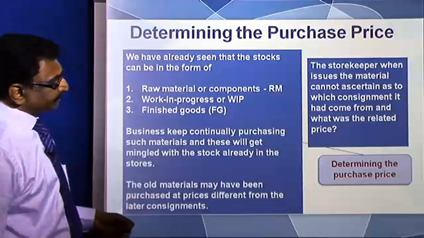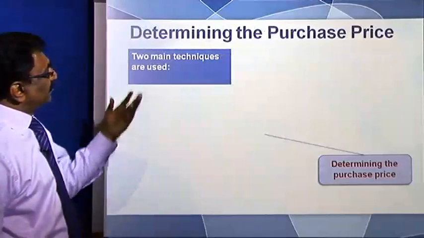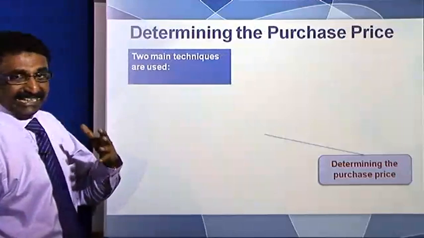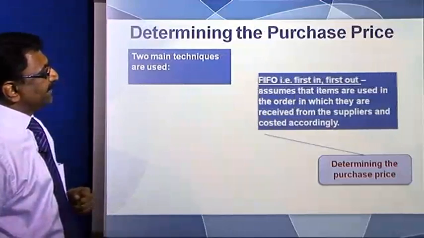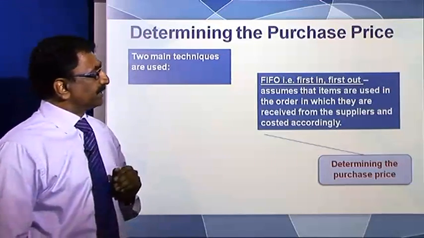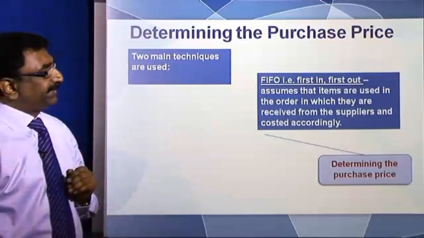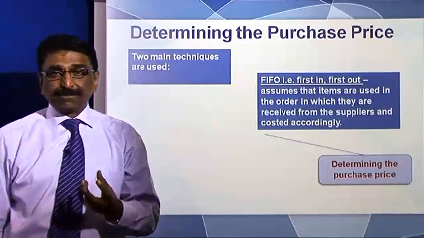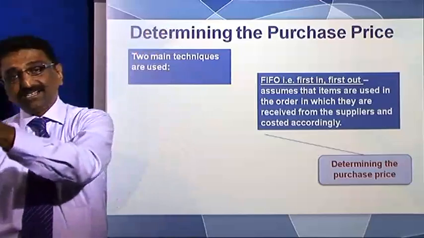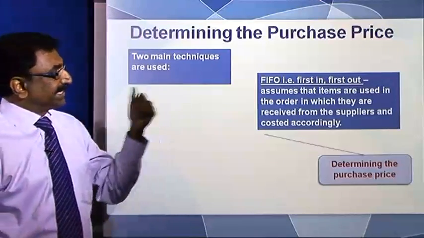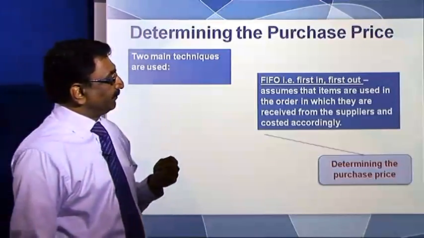So for this problem there are quite a few techniques, but we will discuss two important techniques here. What is known as the first in first out method, where the storekeeper assumes that whatever goods were received the earliest are the ones that are issued. We will see an example and clarify that even further.